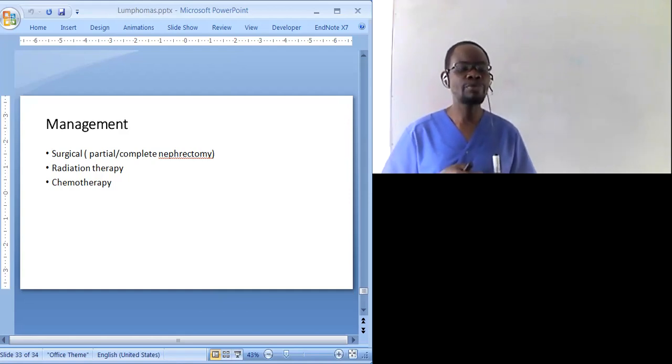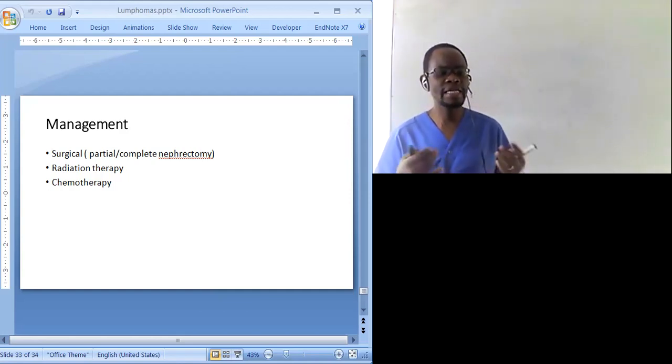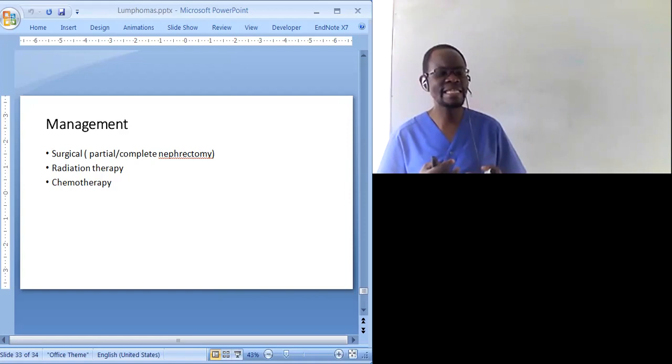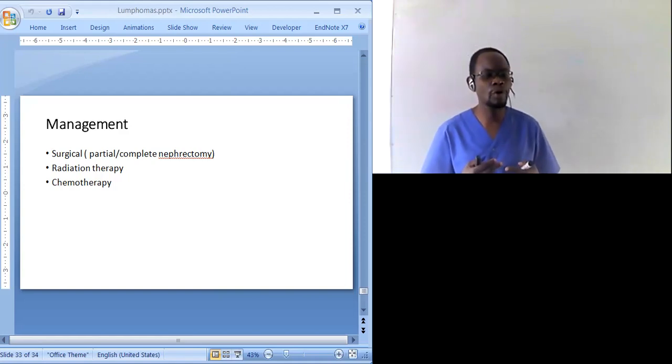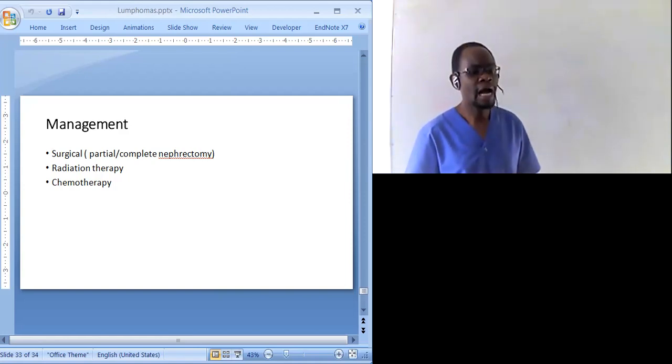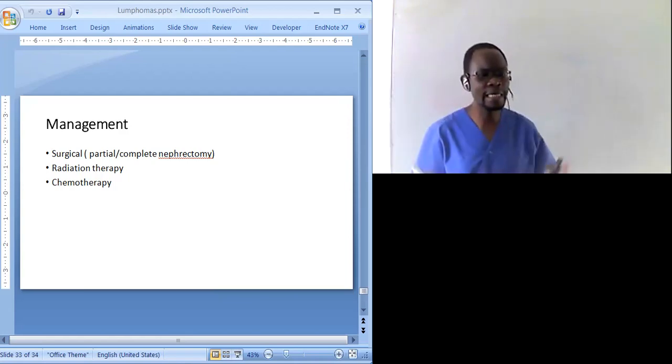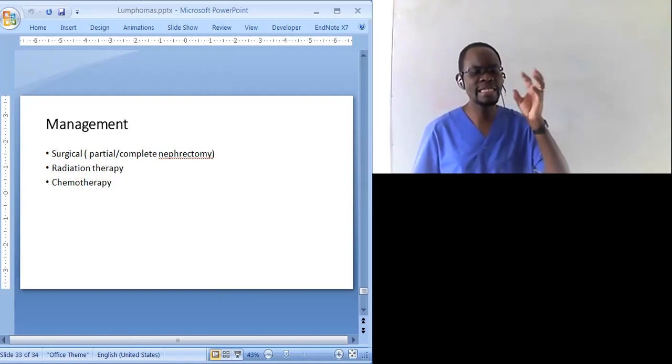It can be surgical, just like any cancer. The modalities are surgical, where you can have partial or complete nephrectomy, where you remove the entire kidney, or you can just excise the tumor.